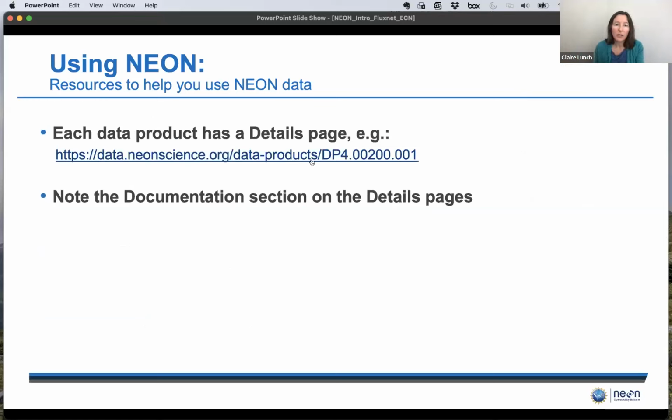There is also a details page for every data product that has information about how that product was collected and processed. The link I've put here is just the link to the Eddy Covariance data product, but each one has its own page. This is sort of the flip side of what Justine was talking about.